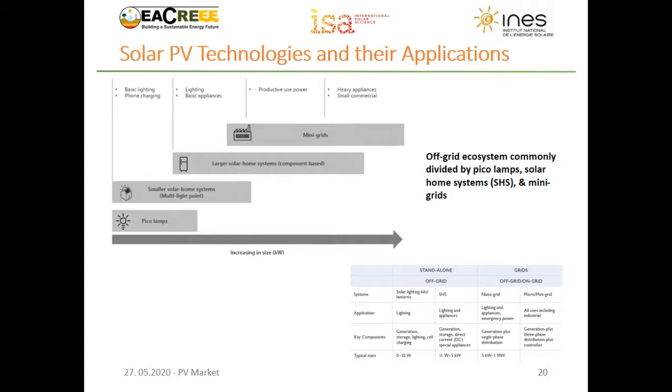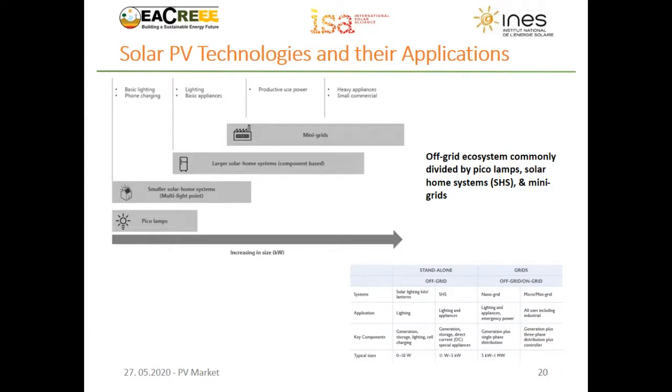When you look around in the region, I can say we have 4 main categories of solar PV systems installed in the market, ranging from very small systems, as I mentioned, pico lamps that just provide a basic lamp and mostly some accessories that can be used for charging phones and very simple light applications.